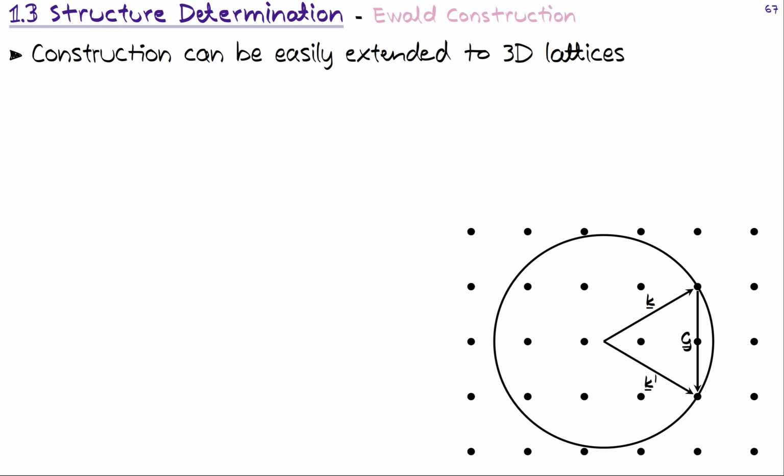And we can easily extend this construction to three-dimensional lattices, at least conceptually, maybe not in practice, but conceptually it's quite straightforward.